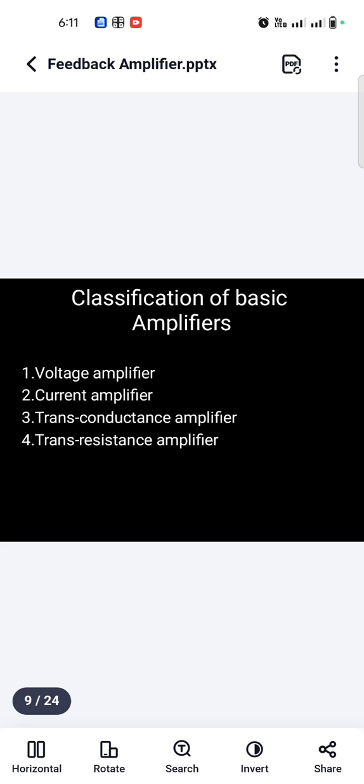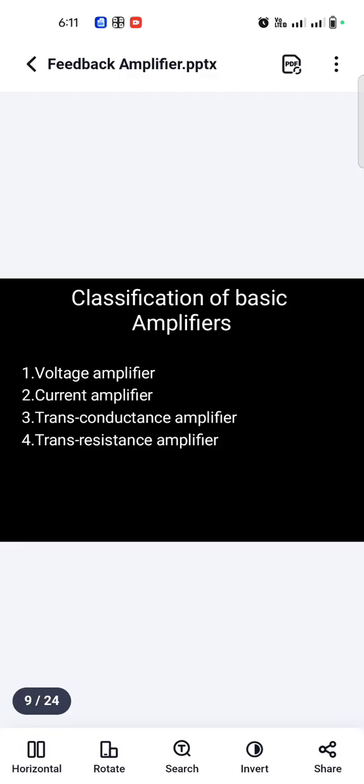Okay, now the transconductance amplifier, it's the reciprocal of the transresistance amplifier, right? What is the general formula for resistance? R equal to V by I, right? So transconductance is the reciprocal.